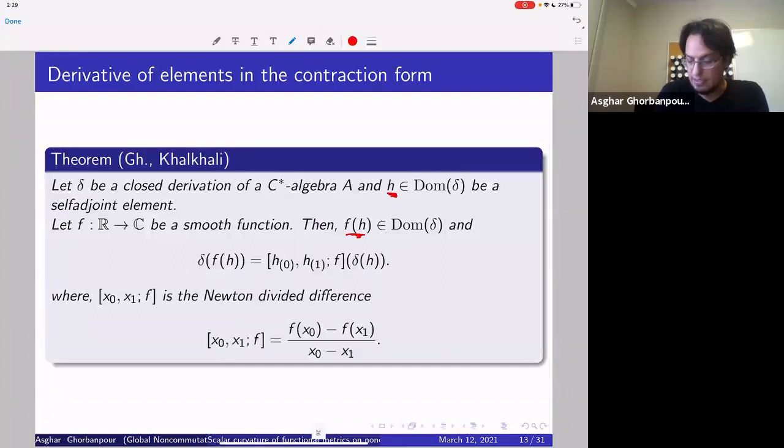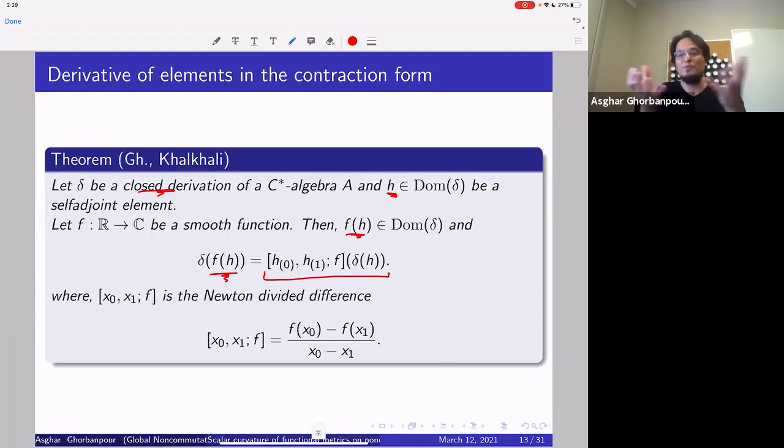The result says that f(h) is going to be in the domain of delta. Closedness of the derivation is important here. But we can do a little bit more, and this is the interesting part: if you differentiate that, find the derivation applied on that element, this will be given in a contraction form. So the contraction form becomes very natural when you differentiate a functional calculus applied on one self-adjoint element in the domain of this delta.